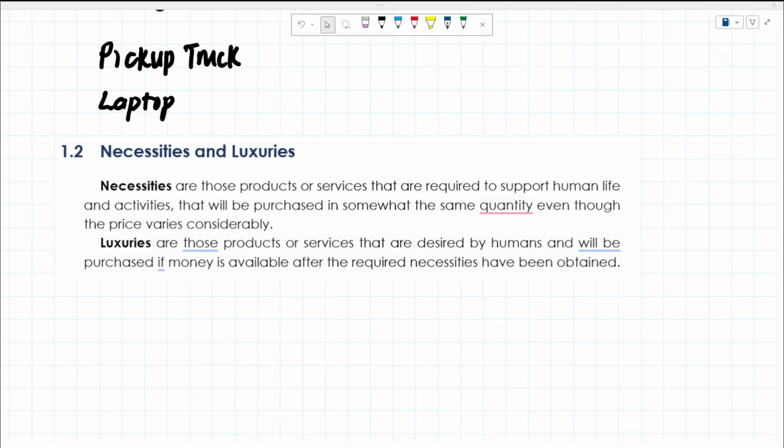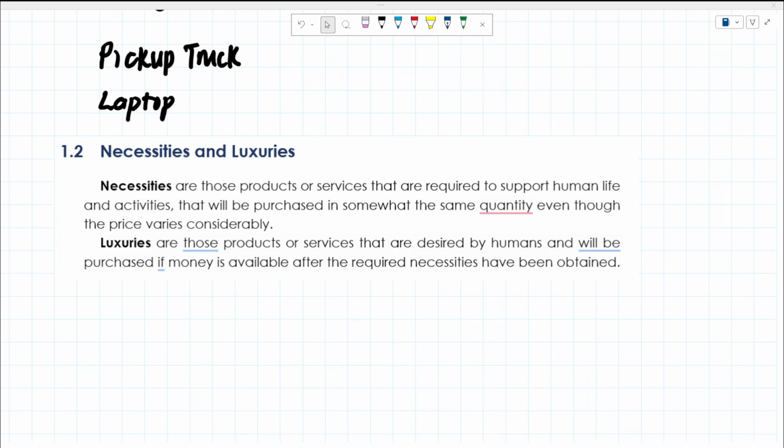Kung titingnan natin yung layunin ng necessity or yung kanyang definition, ito yung direktang kailangan para mabuhay or makapagtrabaho or kumita. Yung luxury naman, siguro masabi natin na ito ay para sa dagdag na comfort or dagdag na social status, or para sa recreation na lang kumbaga. Ano ang epekto kapag nawala yung mga necessities?